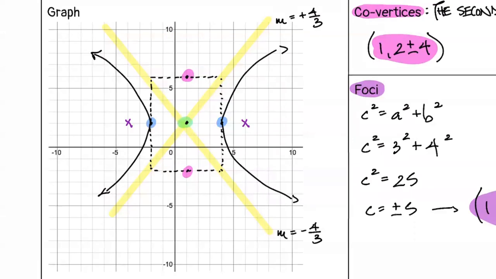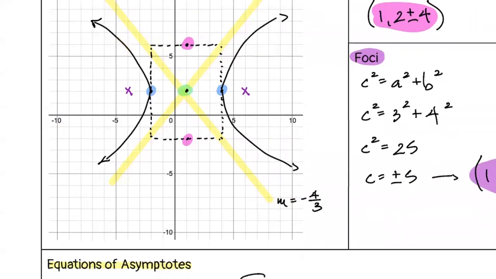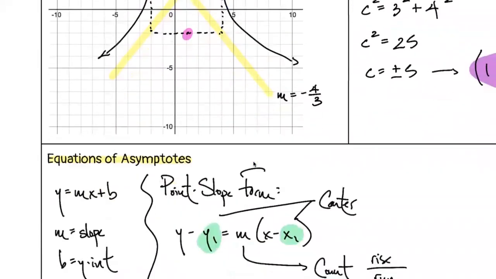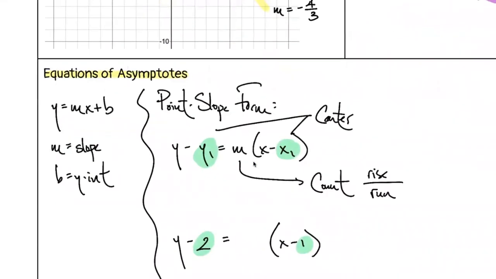And since we're trying to find the equations of both of them, we can say plus or minus 4/3. And that is what we have down here. All right, so we'll have plus minus 4/3.